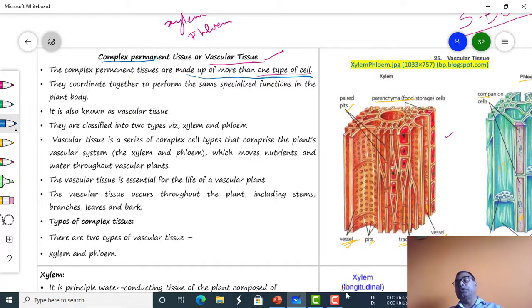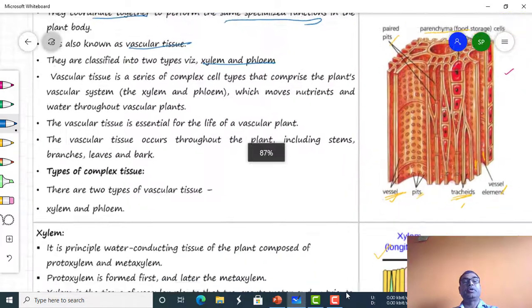They coordinate together to perform the same function. Okay, all the elements present in the xylem or all the elements present in the phloem perform together. So they coordinate together and perform the same function in the plant body, also known as vascular tissue, and classified into xylem and phloem.